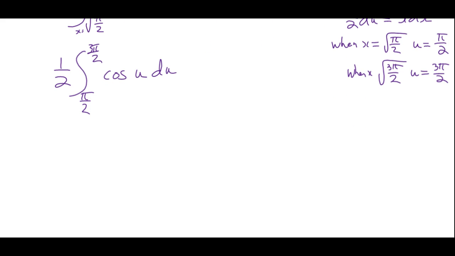Sine. So it's 1/2 sine u evaluated from pi over 2, well, actually, sorry, 3 pi over 2 to pi over 2, right? Let's start with the upper bound. So it's upper bound minus lower bound.